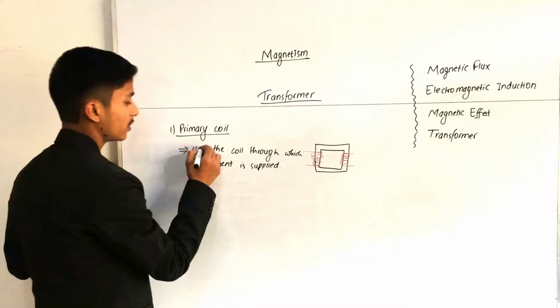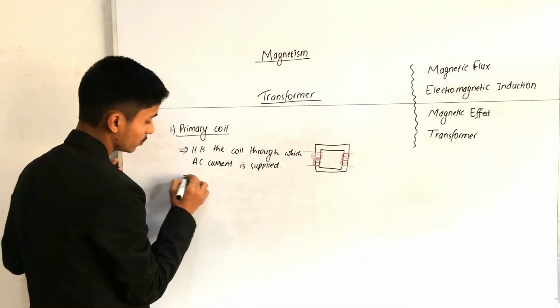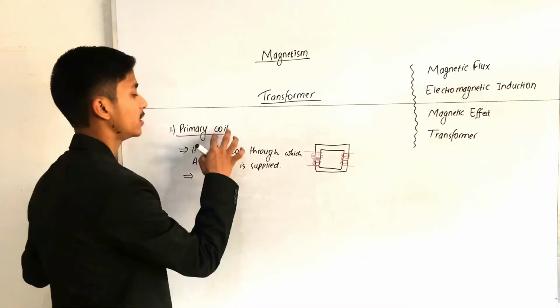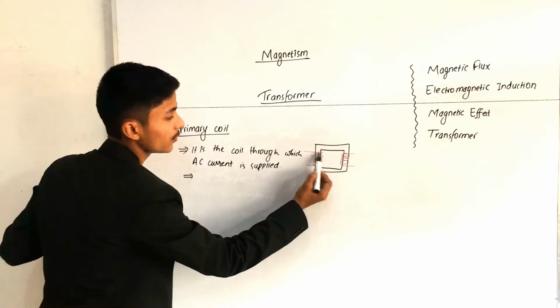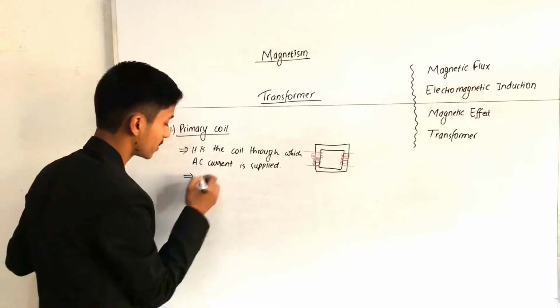Now under this we know what is primary turns. It means the number of windings of this coil is called primary turns.